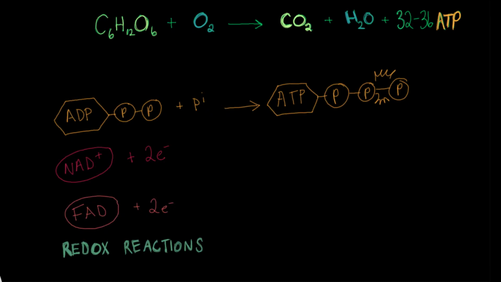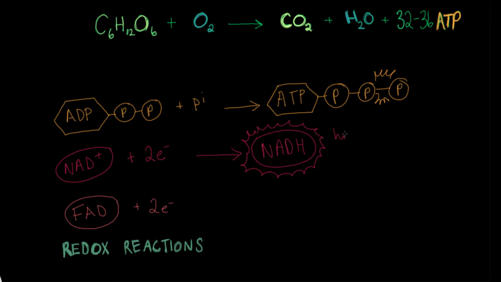Another important molecule is NAD+, and what we do with NAD+ is we add electrons and also some hydrogens, or protons, at the same time to make NADH. And there is lots of energy within electrons, so when we make NADH by putting electrons onto NAD+, we've made a high energy molecule, and it's that molecule that we use to power the process of making ATP.